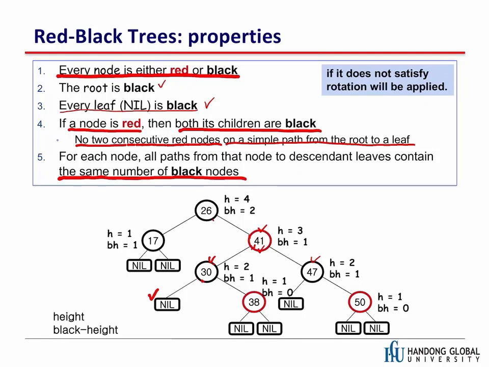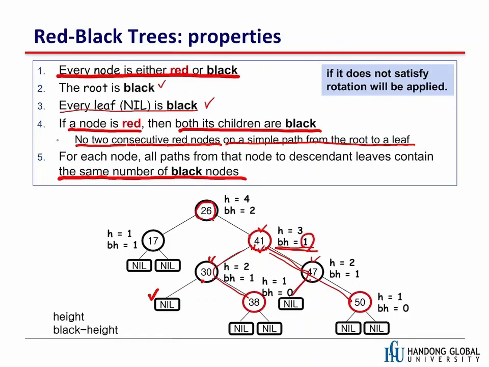From this node, when we check the leaf nodes, how many black nodes are there? Just one. If we take this path, one. This way, one. So the height is 3, 1, 2, 3, but the black height, the number of black nodes on this path, is just 1.